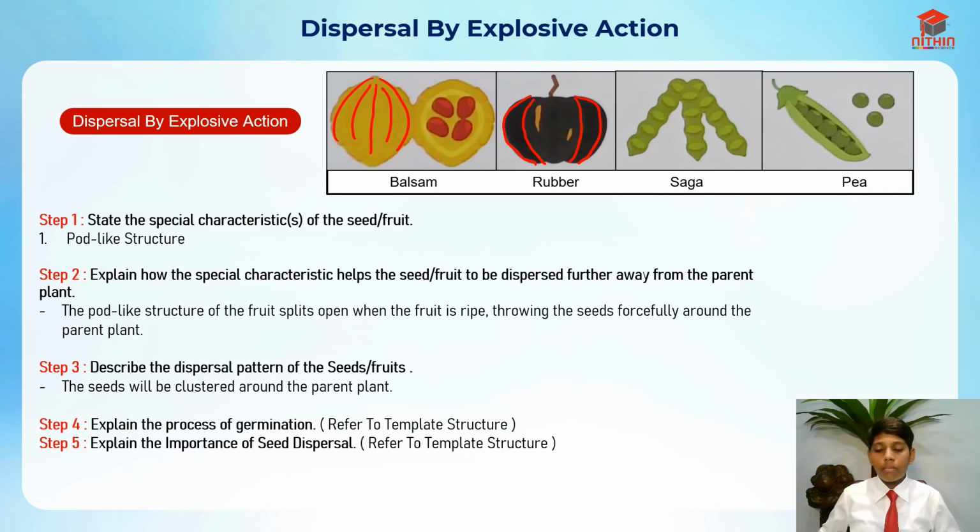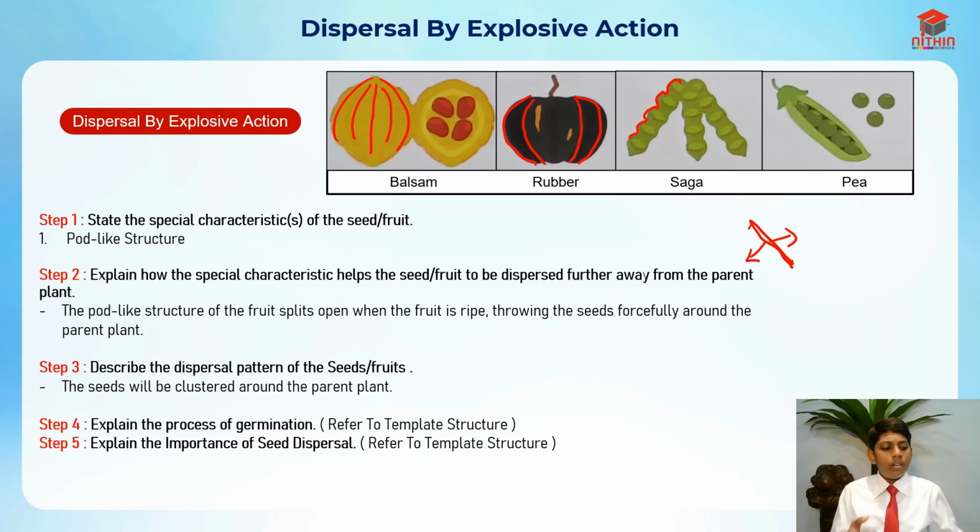You can't say exploding, but with explosive action, basically. And over here there's also a pod-like structure, and this explodes into 3. So basically there are weak lines, right? So imagine if this is the weak line. It's going outwards with a lot of force.